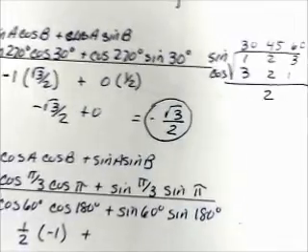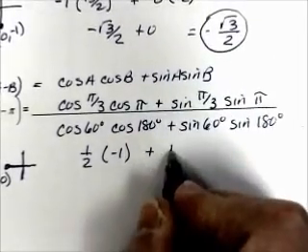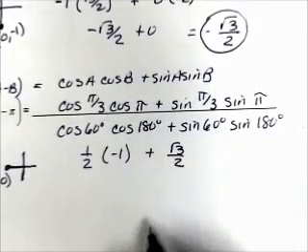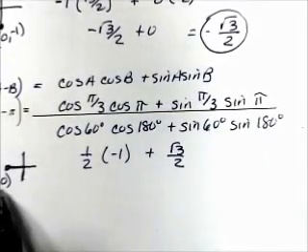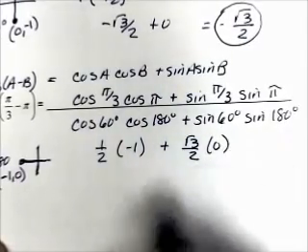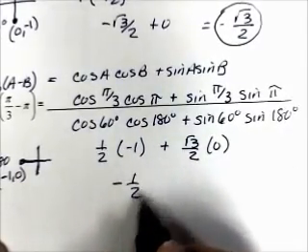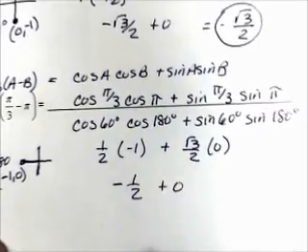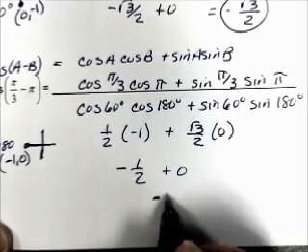Sine of 60 is square root of 3 over 2, times the sine of 180. Sine of 180 is 0. So we have negative 1/2 plus 0, which is simply negative 1/2.